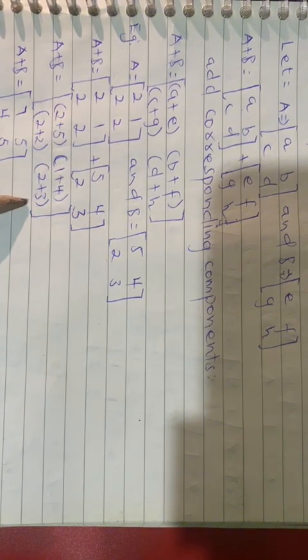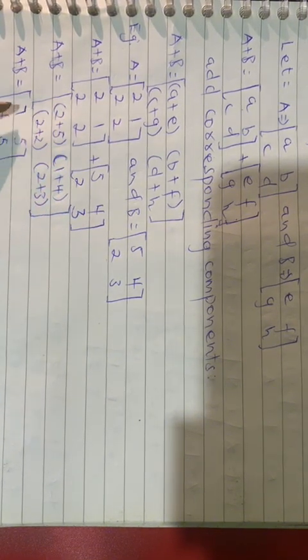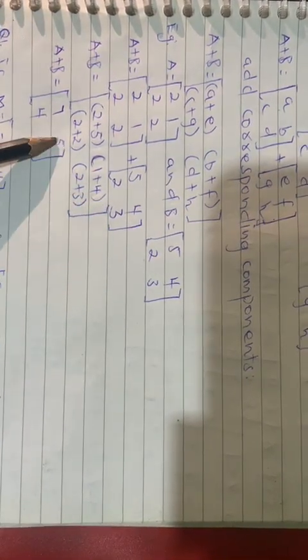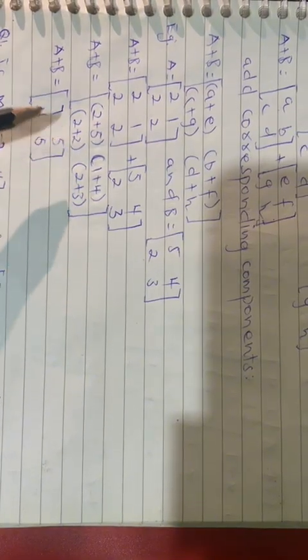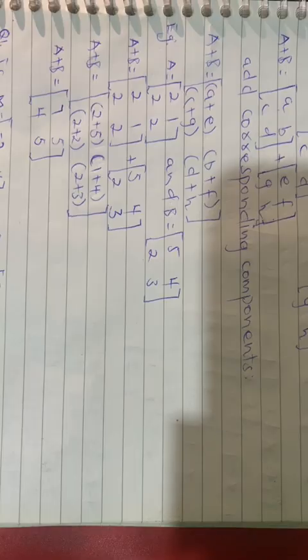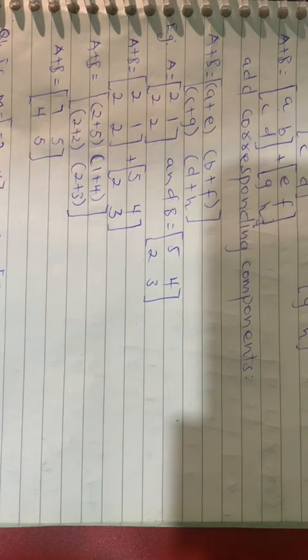Now 2 plus 5 will give me 7. 1 plus 4 will give me 5. 2 plus 2 will give me 4. And 2 plus 3 will give me 5. So that's it. Very simple. We just add corresponding components, and that's it.